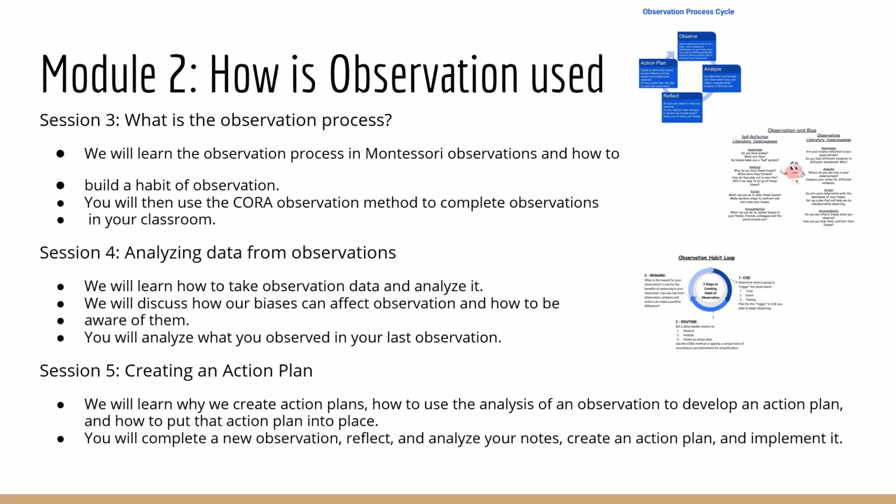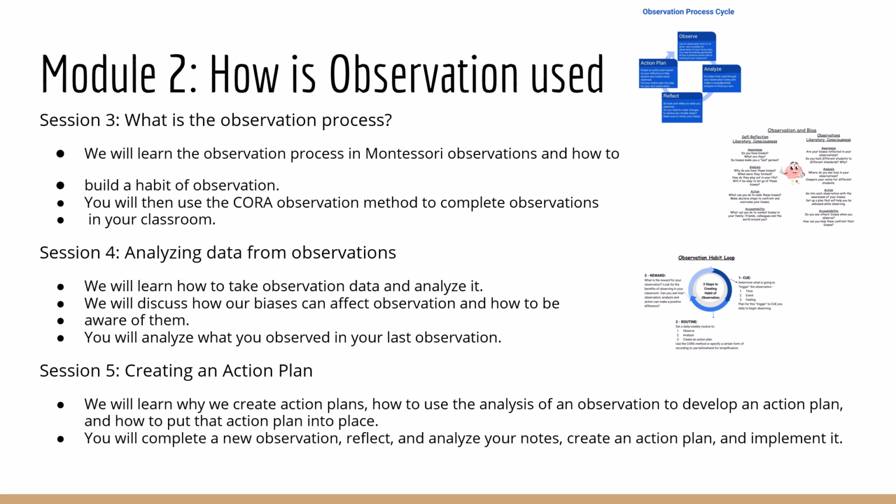You will be introduced to the observation process in session 3 of Module 2. Here, not only will you learn the process of observation, but also how to build a habit of observation. Session 4 will be dedicated to learning how to take the data from your observations and analyze it.